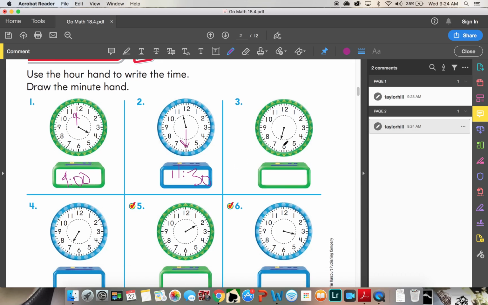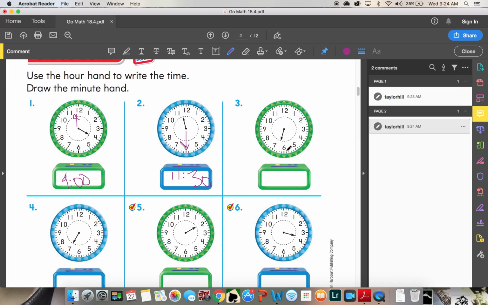Okay, number 3. The hour hand is in between the 6 and the 7, so that makes it 6 something. And then we're going to draw them. Oops, let me erase that. The minute hand is going to go to the 6, which makes it 6:30.